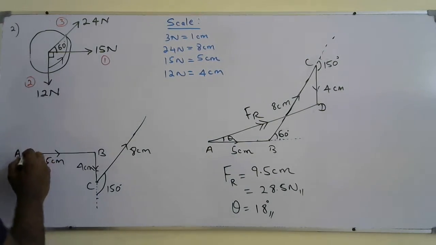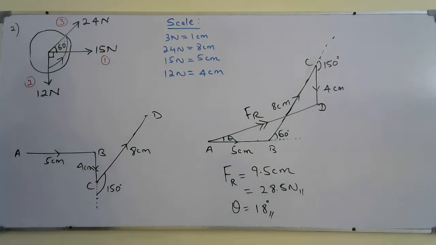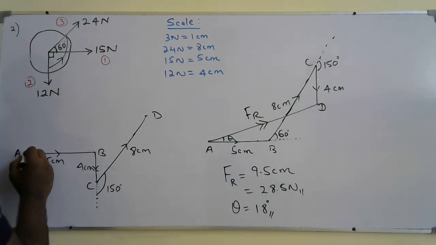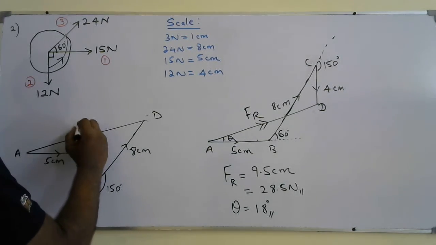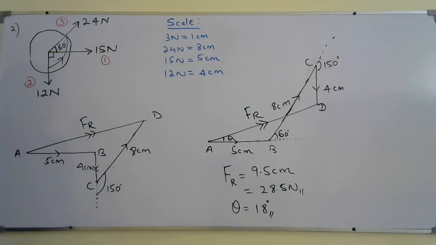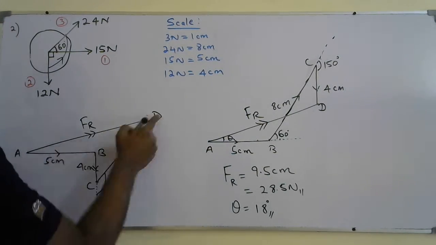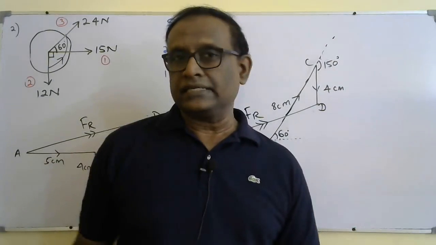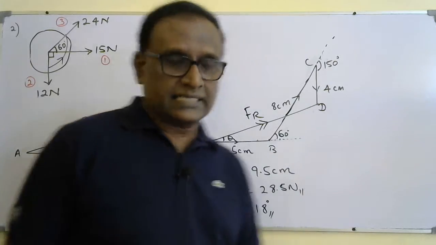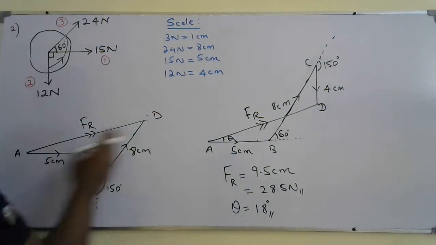So I can call this point D. Connect the most initial and the final points. That will be the resultant force Fr. You can see the shapes are different, but the length AD is the same, 9.5 centimeter. There's not going to be any change in the final result. It will be the same, only the shapes are different.